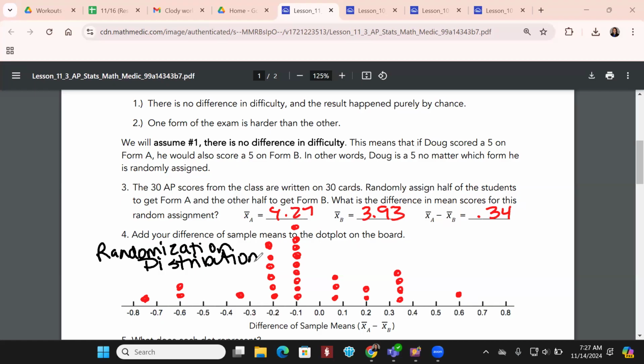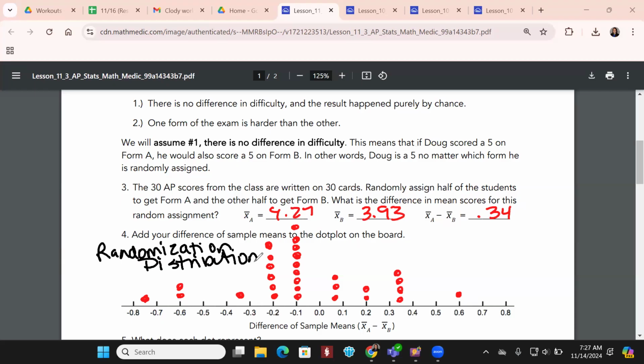So why are we using other names? What did we use previously? Sampling distribution. Well, we took the sample, and then what are we doing with the sample? Randomizing it to see if we get the same results. Because if you get a 5 on form A, you should also get a 5 on form B. So it shouldn't matter which group you're in, right?